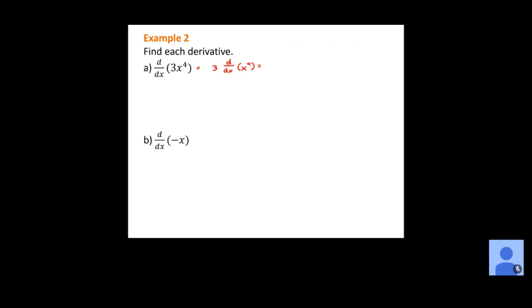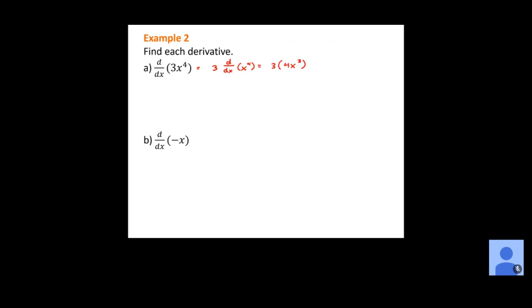Well, we know how to find the derivative of x to the 4th power now, so I'm just going to keep my 3 times, what's the derivative of x to the 4th? So be careful here. 4x to the 3rd, right? So remember, we bring the exponent out front, and then we subtract 1 from the exponent. Okay, so it's going to be 4x to the 3rd there.